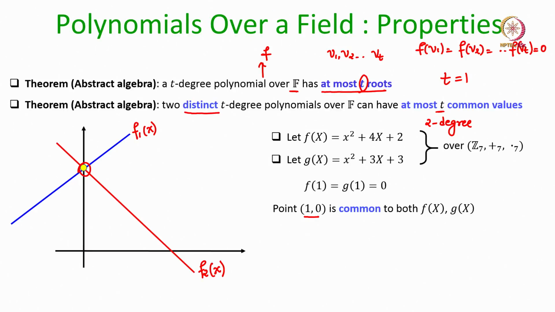Of course, the theorem says that there can be at most t such common values. Since here t is equal to 2, you might be expecting one more point, but in this case there is exactly one point common to both the polynomials.